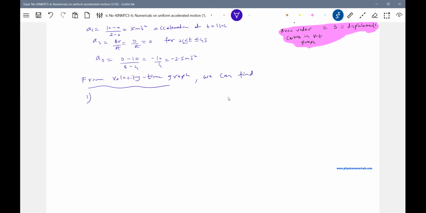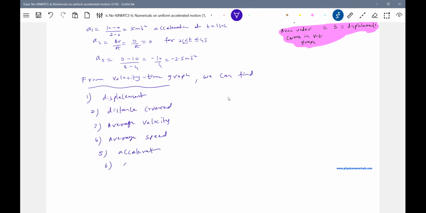We can find displacement, distance covered, average velocity, average speed, acceleration, instantaneous acceleration, average acceleration. See, I think so much information is available.